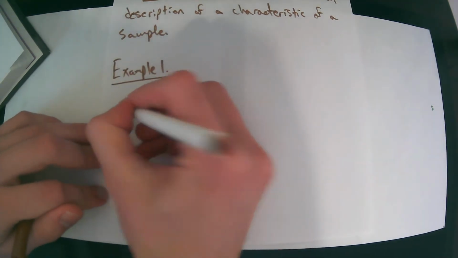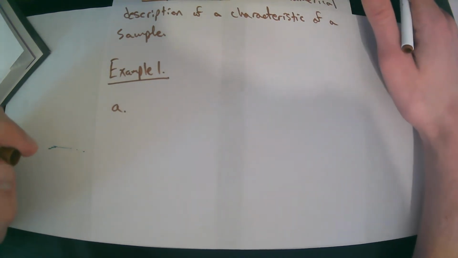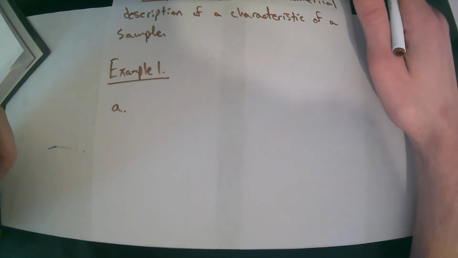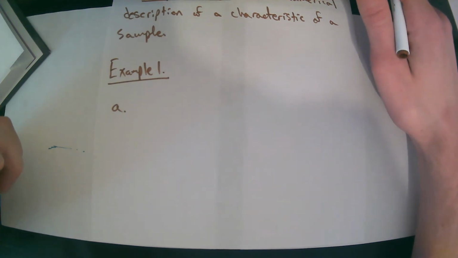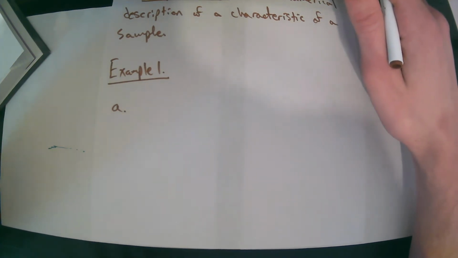So part A says, a headline about the rising obesity among young people led a school board to survey local high school students. Okay, so right off the bat, I'm saying that they are surveying local high school students.